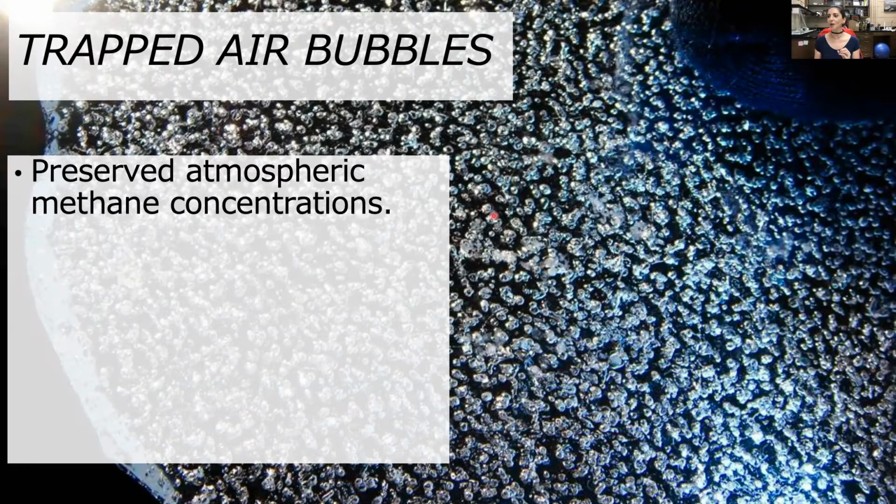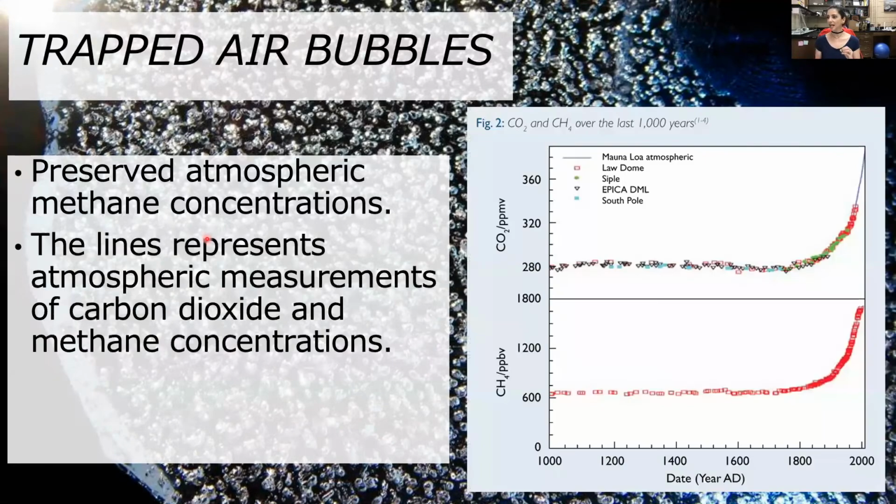So each bubble here preserves the atmospheric concentrations of the gases in the atmosphere at that time, including things like methane and carbon dioxide. So what I'm going to show you here is analysis that bridges the Epica samples with some other samples and shows atmospheric measurements of carbon dioxide and methane through time.